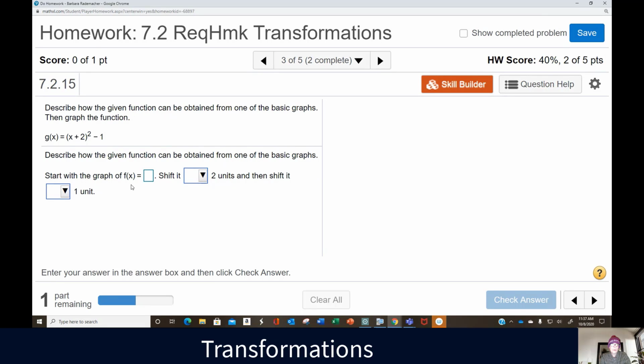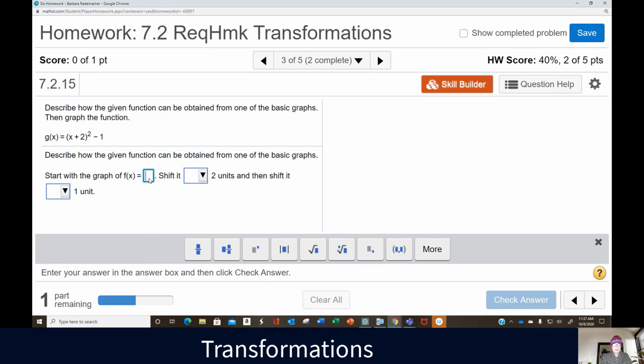Start with the basic graph of f of x equals, there's the x, there's the exponent. X squared is going to be your basic graph. That's how you tell. X squared. I guess I better do a right arrow key, just in case.